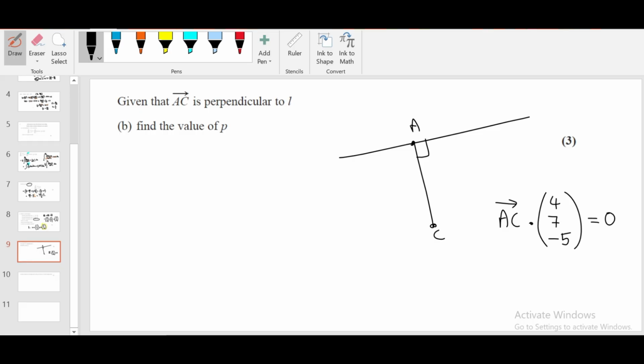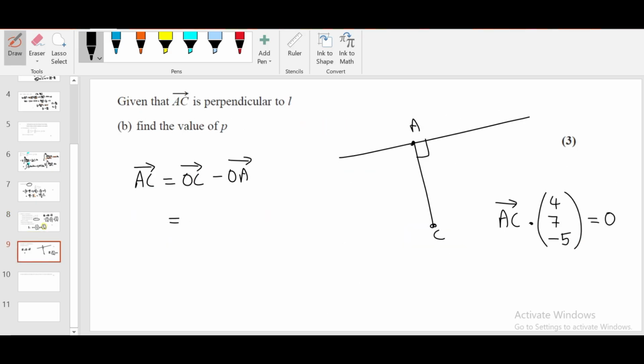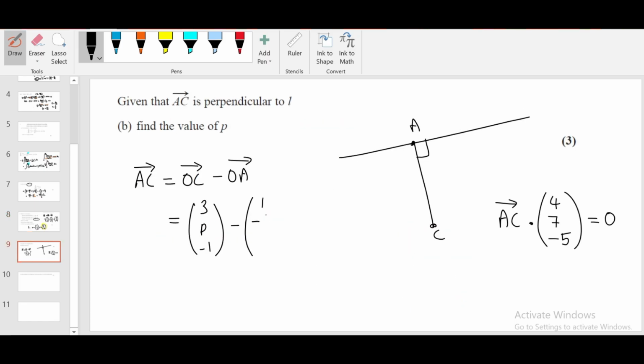So we need to find AC vector. AC vector is basically OC vector minus OA vector. Let's take the position vector from here. OC is 3, p, minus 1, minus OA is 1, minus 4, 3. So it's going to be 2, p plus 4, minus 4.